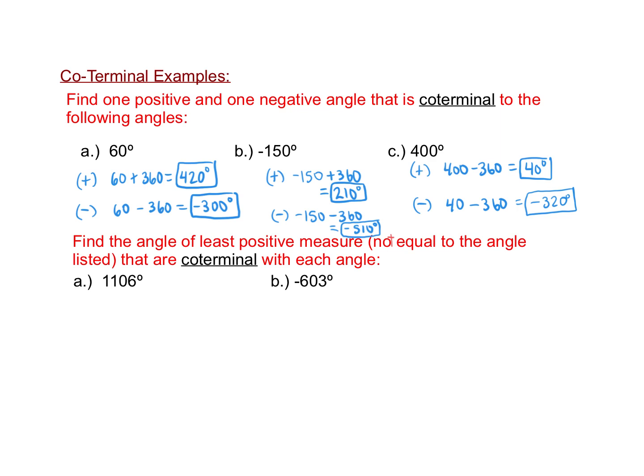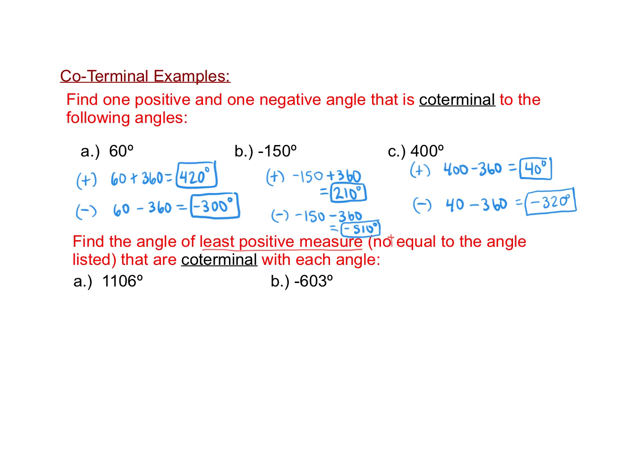So for these next two problems, we want to find the angle of the least positive measure, not equal to the angle that's listed, that's coterminal with the angle. So since we are in A, we've got a positive angle and it is well above 360 degrees, we're going to have to subtract 360 degrees and continue to subtract 360 degrees until we get an angle that's below 360, but still positive.